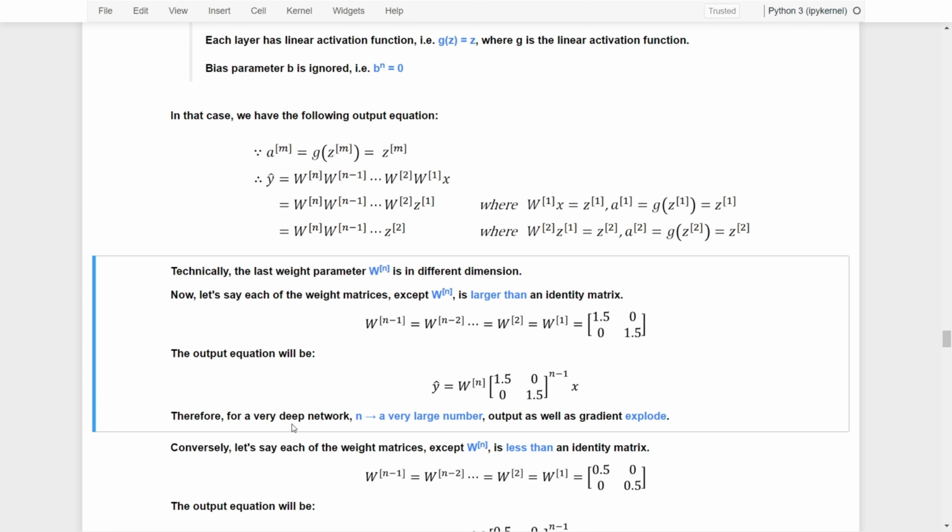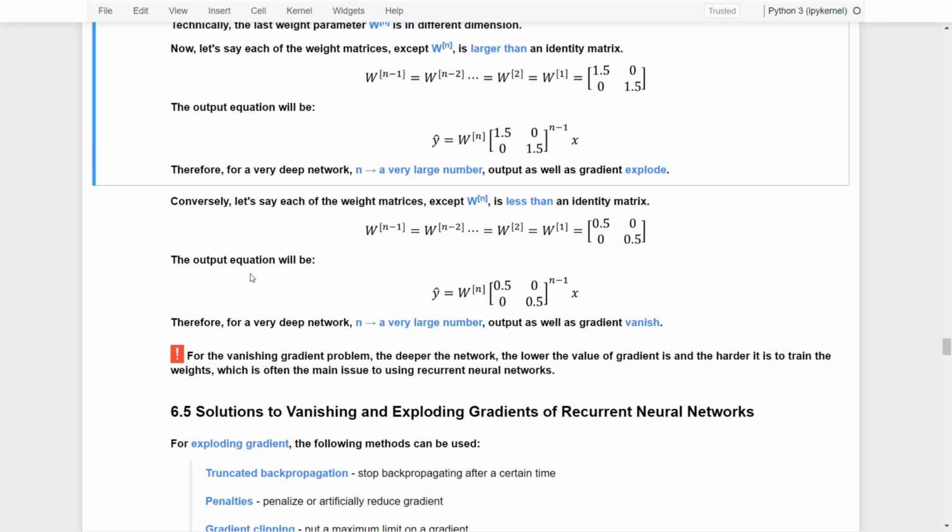Therefore, for a very deep neural network, you could imagine that n tends to be a very, very large number. As a result, the output as well as the gradients explode. On the other hand, let's say each of the weight matrices here is less than an identity matrix, that is 0.5, 0.5 right here. Similarly, we have the output equation, but this time it changes from 1.5 to 0.5 and 0.5.